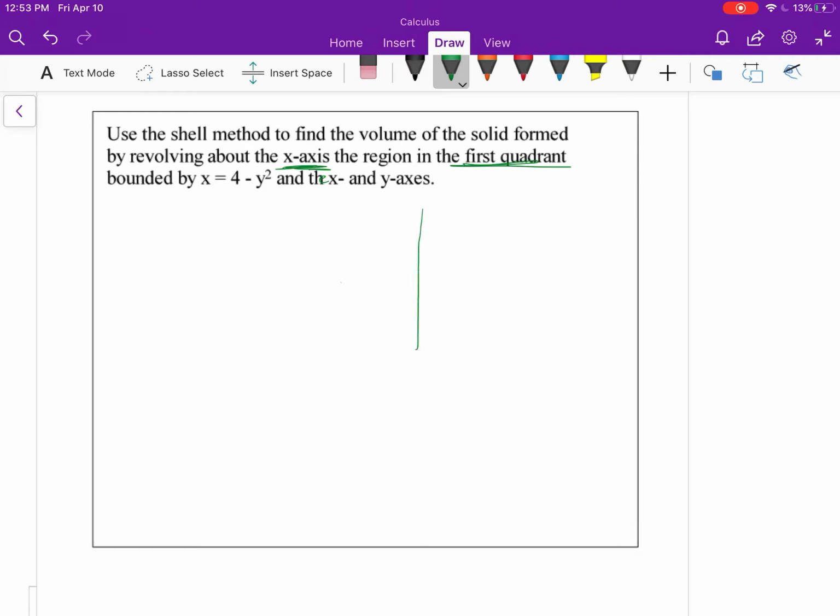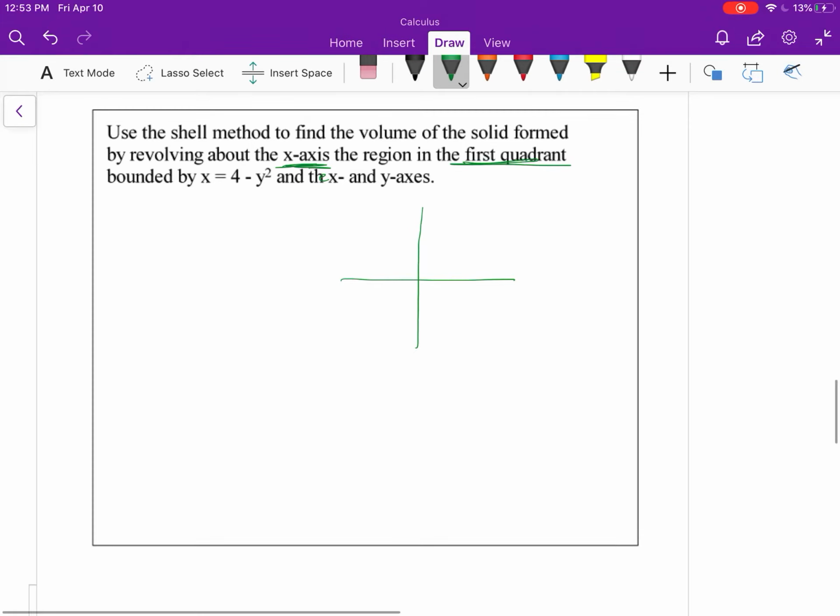Well, let's put a sketch in here. It's in the first quadrant. It's bound by the axes. And then we're going to graph this. Now, we should know this is a parabola, but it's a horizontal facing parabola. X equals negative y squared plus 4.